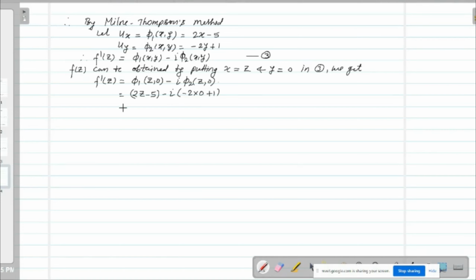Simplify this: it becomes 2z minus 5 minus i, with only the 1 remaining. So minus i.